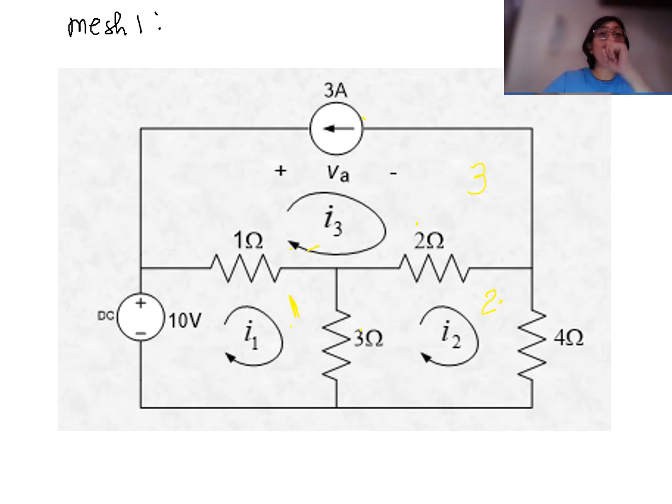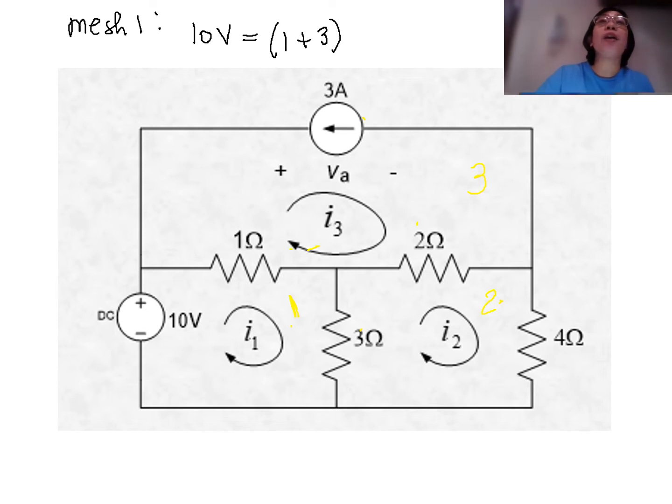So all we have to do is write here your 10 volts. That is equal to, from the previous slides, all self-resistances will be treated as positive. What do we mean by all self-resistances? All of the resistances wherein mesh current I1 is flowing. Those are 1 ohm and your 3 ohms. We will treat that as positive.